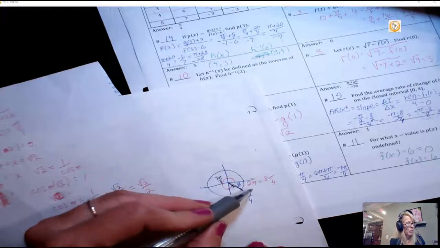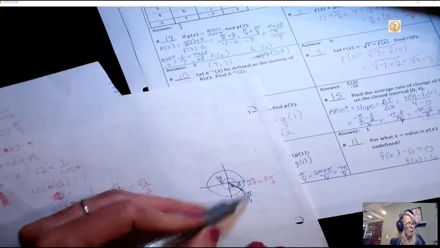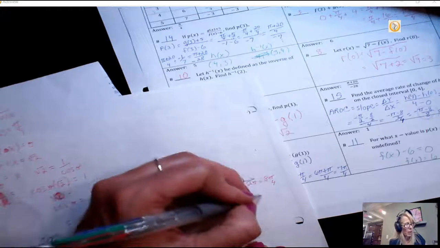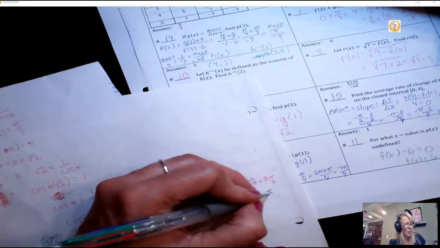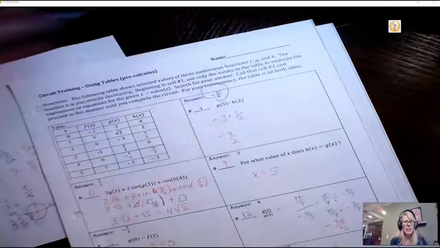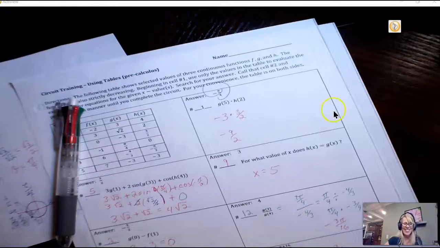So if I go backwards, it's like 2 pi minus 7 pi over 4, which is another way of saying negative pi over 4, which guess what? We're doing good, because that gives us the last answer, and that's what we wanted.